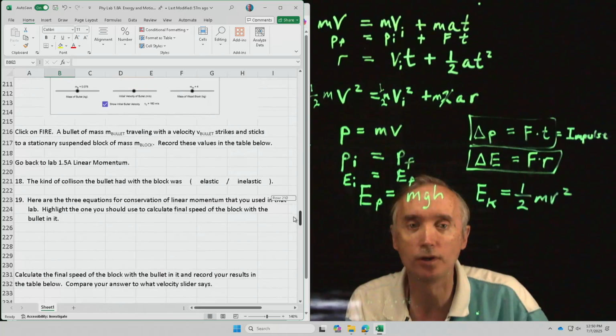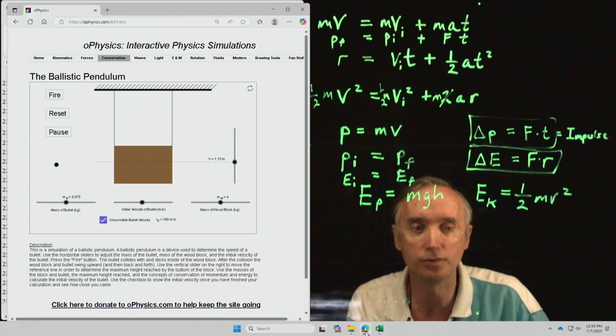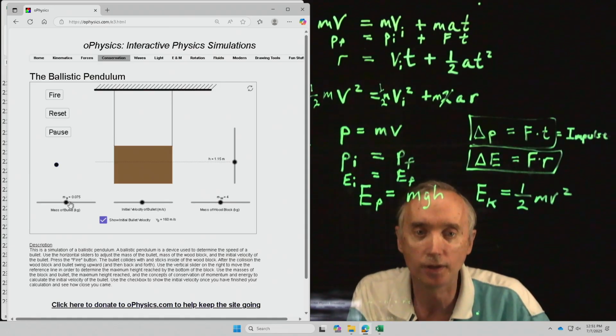Now it says to click on fire. What that's going to do is fire a bullet. You see here's a bullet that's going to be fired into this block. Over here it tells you the mass of the bullet.